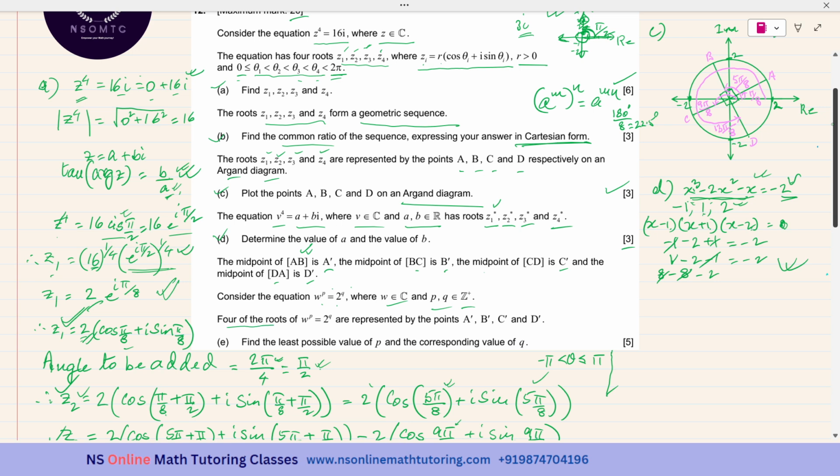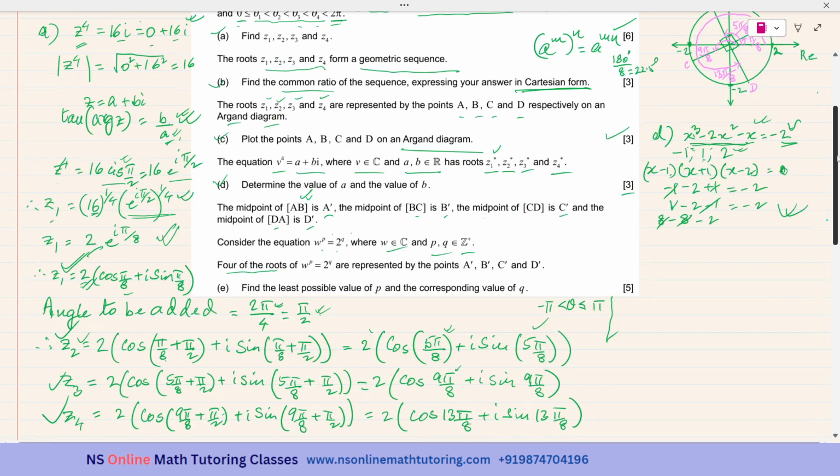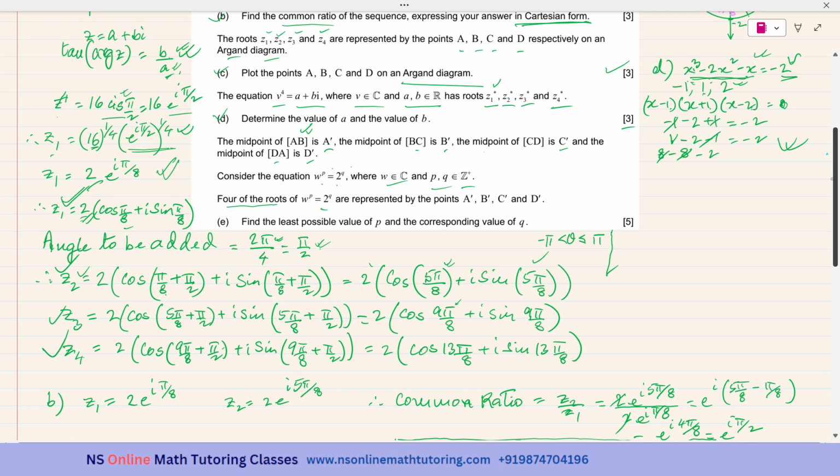Four of the roots of w to the power of p equal to 2 to the power of q are represented by the points A prime, B prime, C prime, and D prime. Sub-part e's question is: find the least possible value of p, where p and q are positive integers, and the corresponding value of q, containing 5 marks.